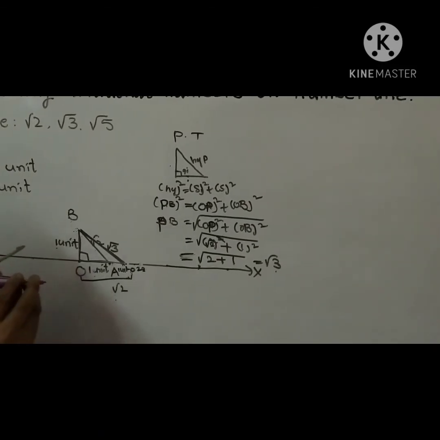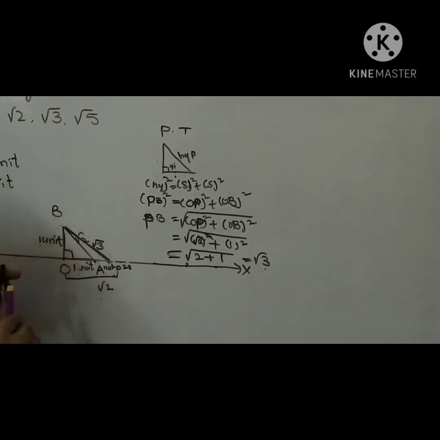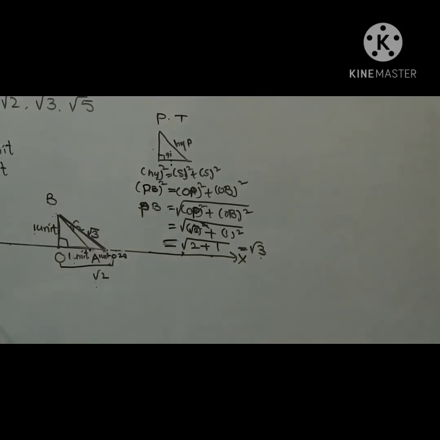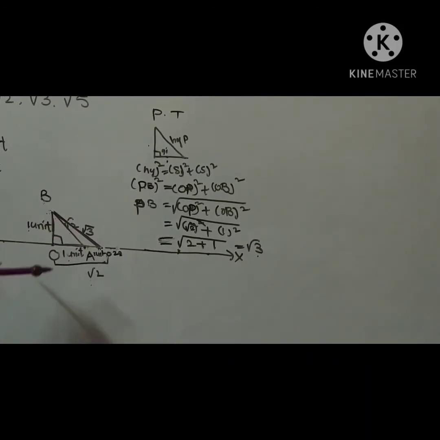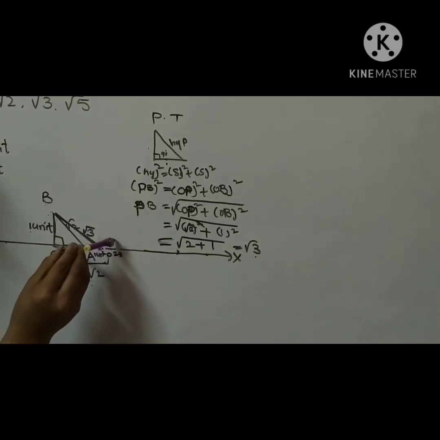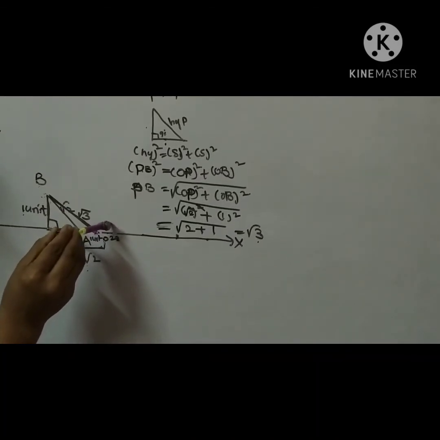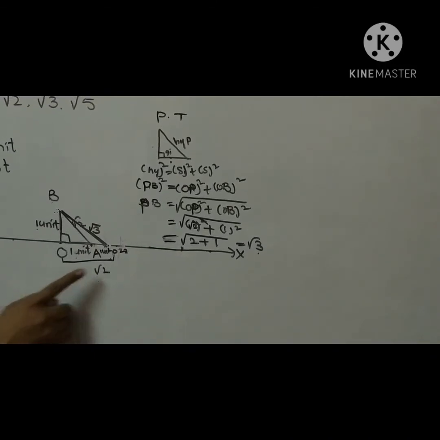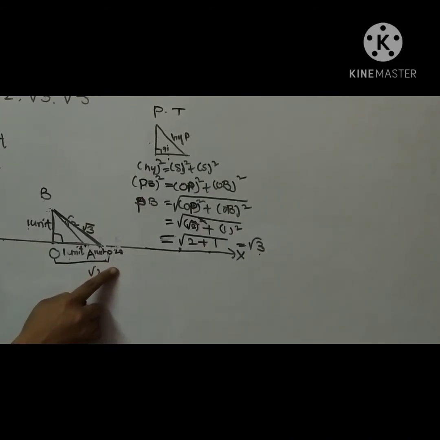Same as in the previous root 2 and root 3, how you took the arc: with the center O, draw one arc. Did you see the pink color sketch here? I drew the pink color sketch arc.